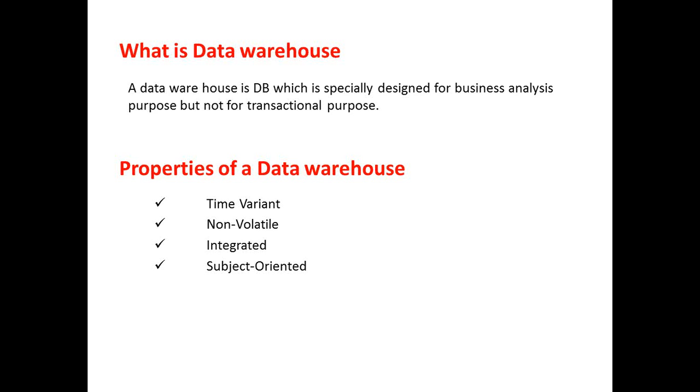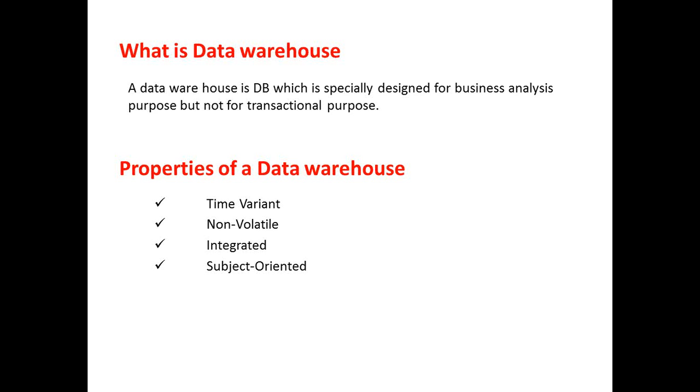Normally they don't directly replace Bangalore with Mumbai, because they should maintain history in the warehouse. Because of that, they will insert another record with the current address, Mumbai. So in the data warehouse we will have 2 records, one with Bangalore and one with Mumbai. This is called non-volatile.